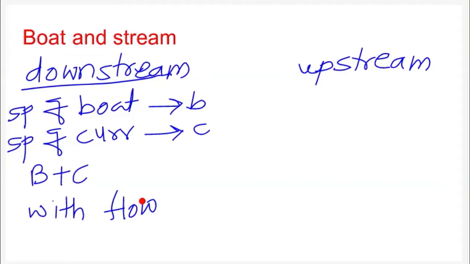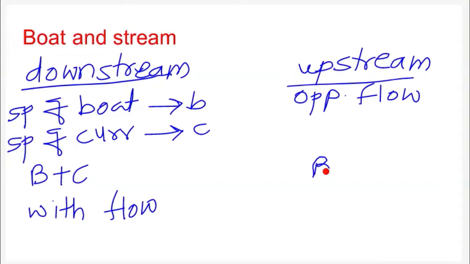Same, opposite to that, you are going against the flow. Therefore, the speed of upstream becomes B minus C.